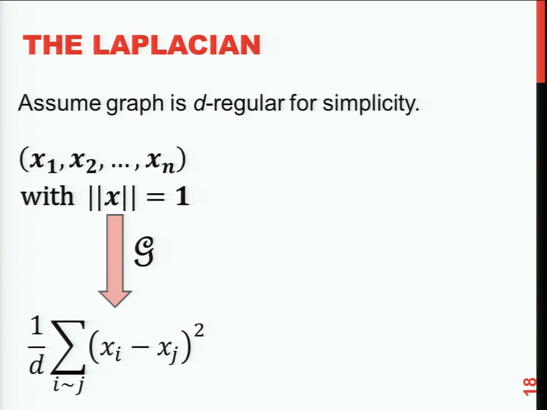So you take a unit vector in n dimensions, and this graph G outputs this number, which is 1 by d times the sum of (xi minus xj) whole squared, where i and j are connected by an edge. So I am defining an operator corresponding to this graph G. It takes in vectors and it outputs a number.